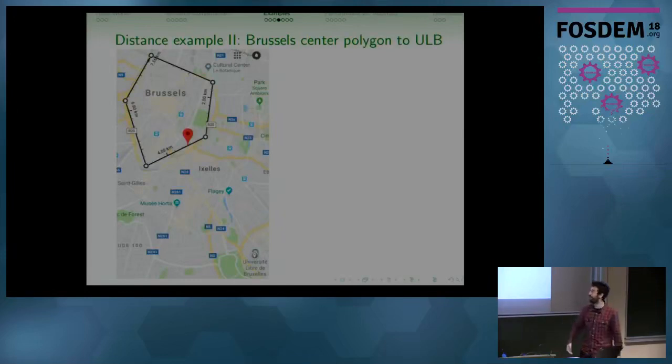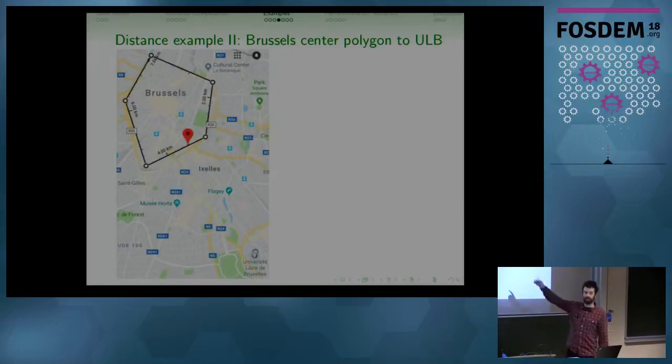Okay, so let me give another example, more local. This is the ring of Brussels, and let's say that I want to find the closest point to ULB. I want to find the closest point if I am on the ring to ULB.